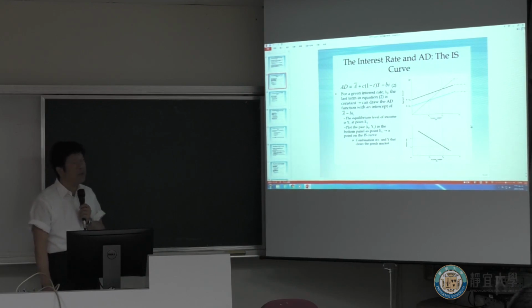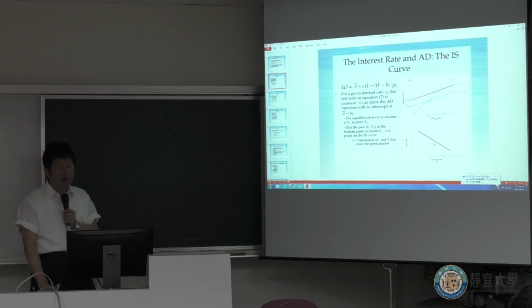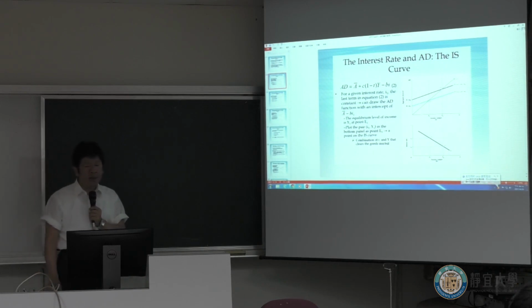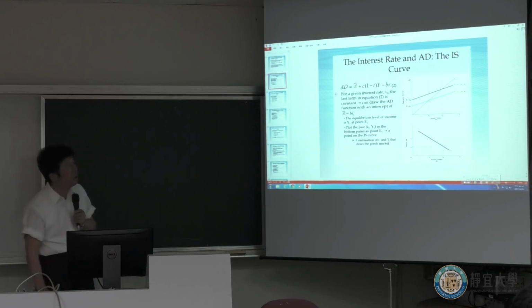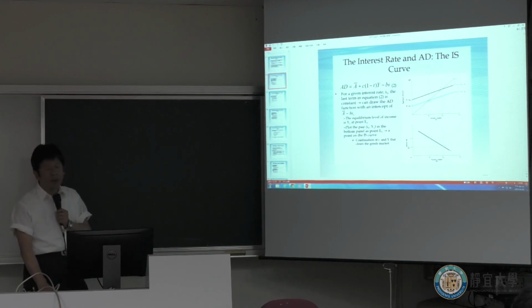And then we can find the real income. Actually, the nominal income and the real income do not experience any effect from the price change, okay? So here you can see the IS curve.